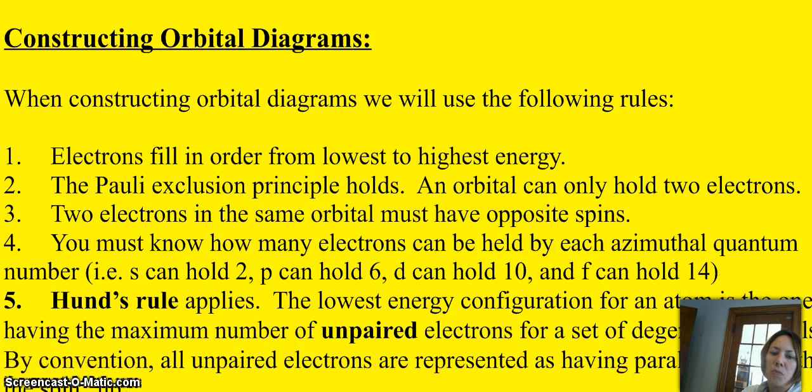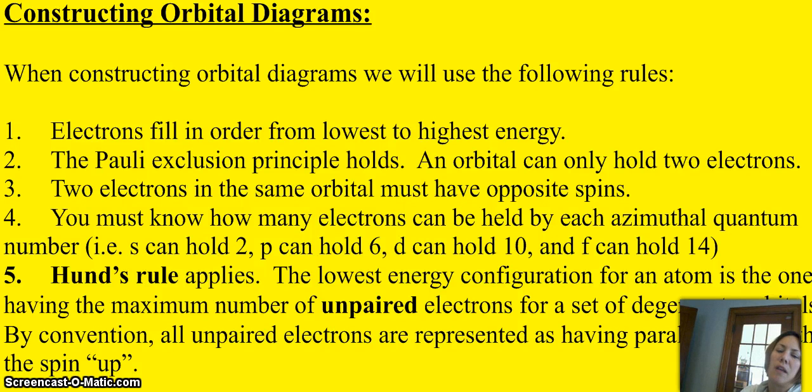So a couple of rules. We're going to be constructing orbital diagrams and writing electron configurations. First of all, electrons fill from lowest to highest energy. The Pauli exclusion principle holds. If you have an orbital that has 2 electrons, one must go up, the other must go down.